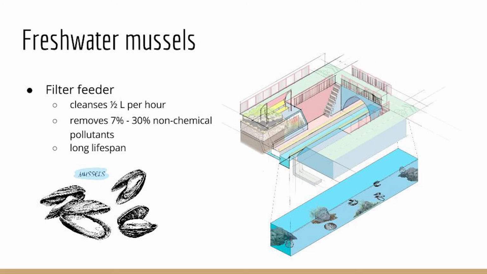And during that time, they remove anywhere between 7 to 30% of the non-chemical pollutants in the water. They also have a relatively long lifespan, as they live on for decades and remain relatively active during the winters, which makes them the ideal agent as our biofilters.